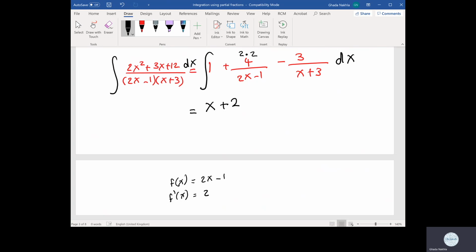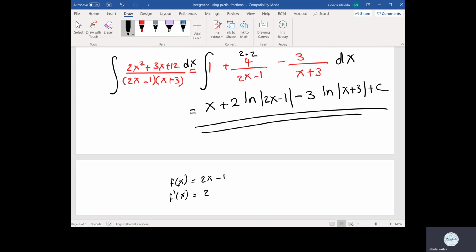Please, if you can't remember it, just watch the video on special integrals and you will come across it. It explains it clearly. So 2 ln mod of 2x minus 1. Okay, minus 3. And again, the very first one that we have discussed, it's going to be ln mod x plus 3 plus c.